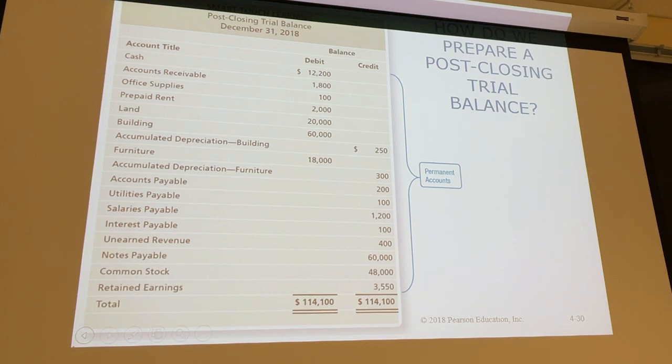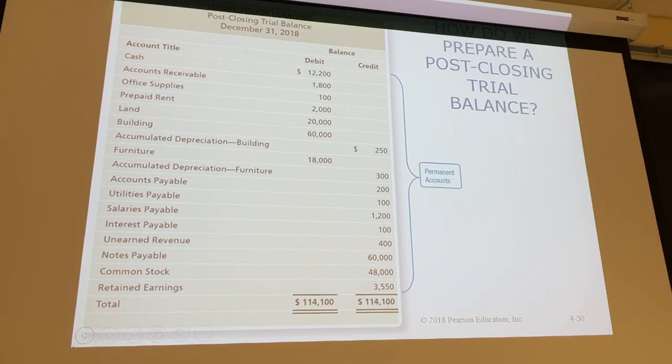If we did this correctly, when we prepare the post-closing trial balance, only the permanent accounts are going to show up there. None of the temporary accounts should show up because they should all have zero balances. So if you saw a temporary account there, like if you saw rent expense with some dollar balance in it, you would know that you had made a mistake.